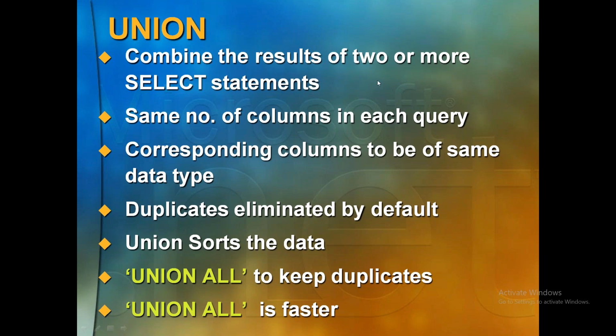So combine the results of two or more select statements, same number of columns in each query, corresponding columns of the same data type, duplicates eliminated by default. If I use union, union sorts the data. Union all keeps the duplicates, and union all is fast. Clear? So this is very, very important.